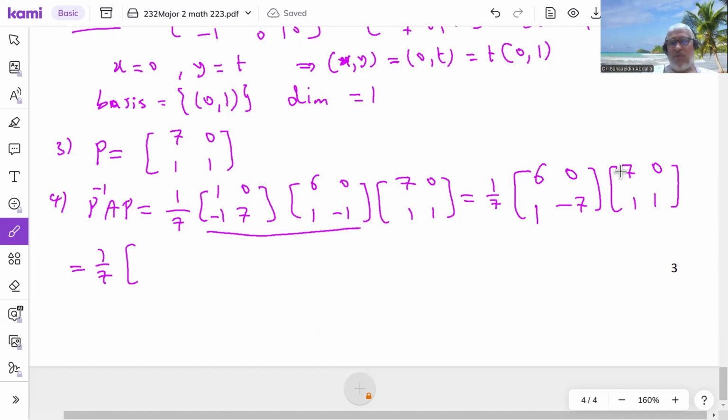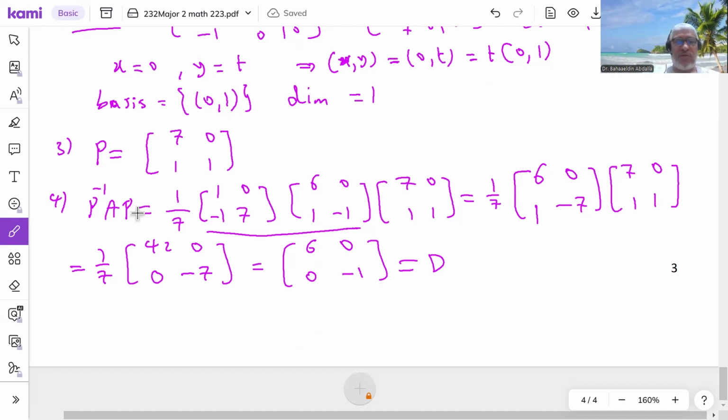Now multiply: 42 plus 0, 6 times 0 plus 0 times 1, 7 minus 7, 0 minus 7. 42 over 7 is 6. 0, 0, and negative 1. So this is the matrix D, and you should know that the answer should be like this.